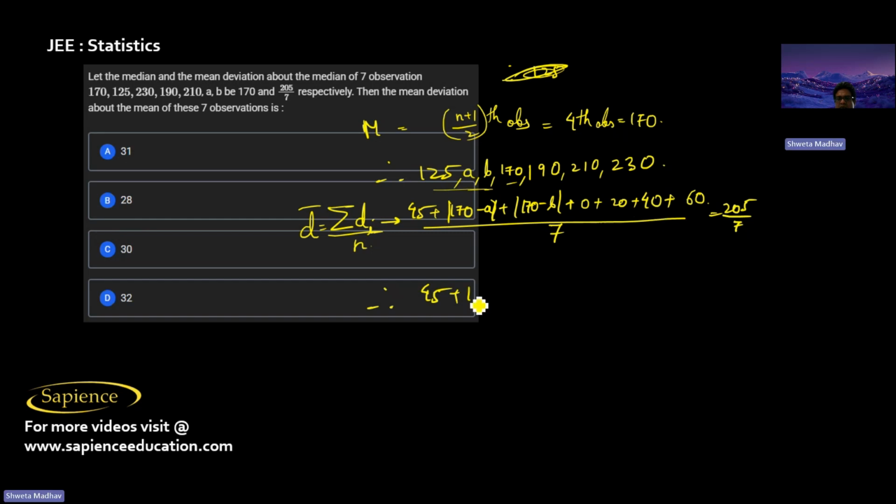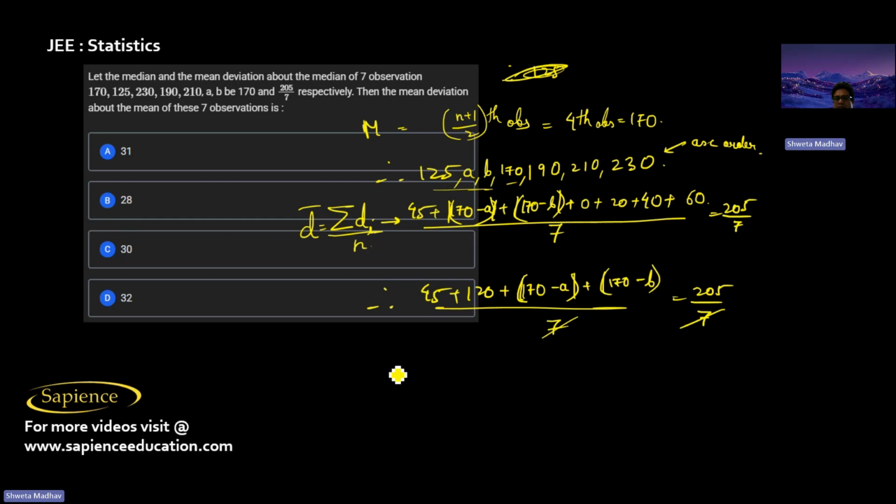60 plus 60, 120. 120 plus 170 minus A plus mod of 170 minus B. Mod we can remove since A and B are obviously less than 170, since here we have arranged them in the ascending order only. So divided by 7, that is equal to 205 by 7. So 7 and 7 will get cancelled.